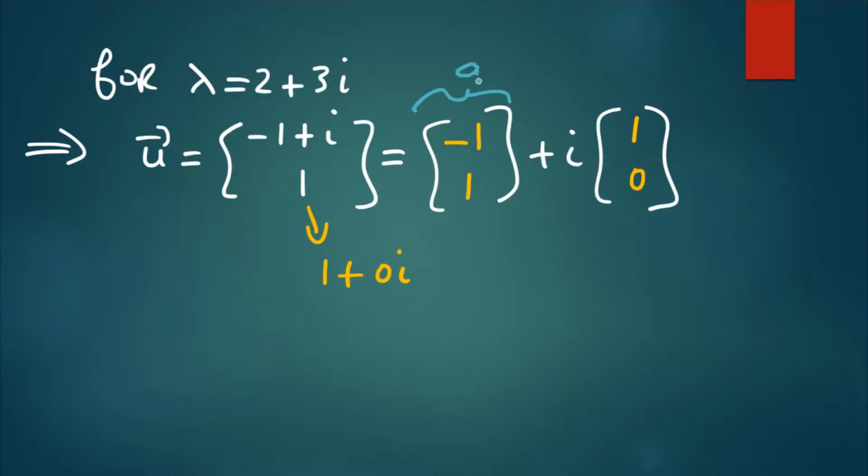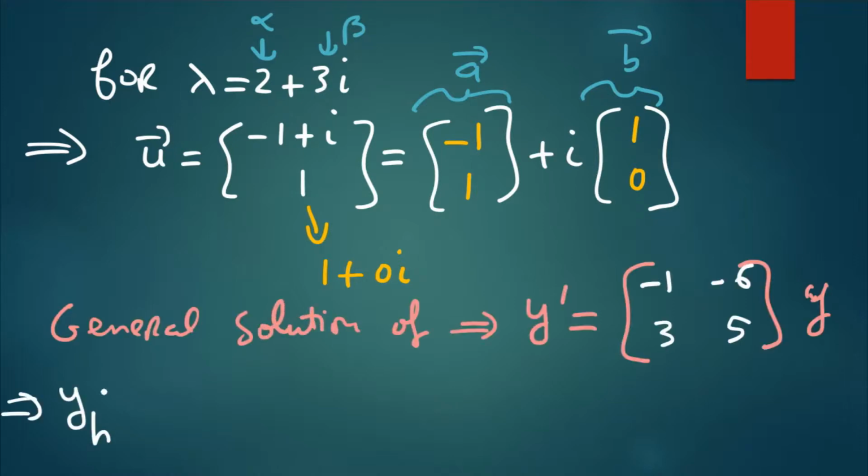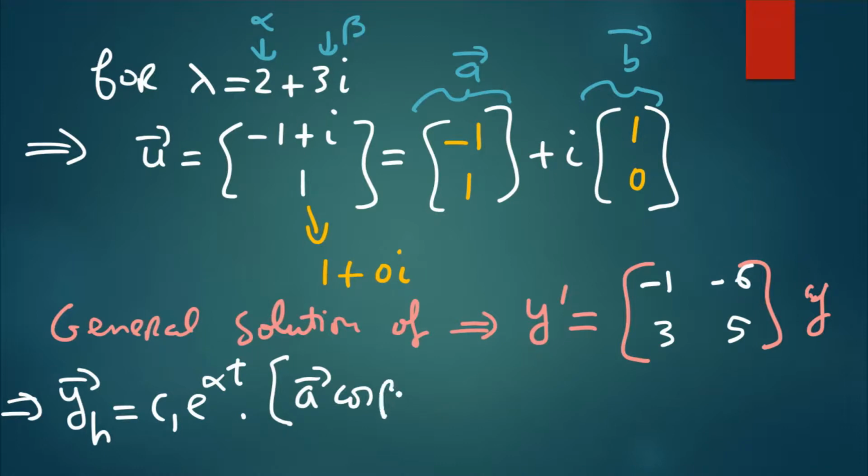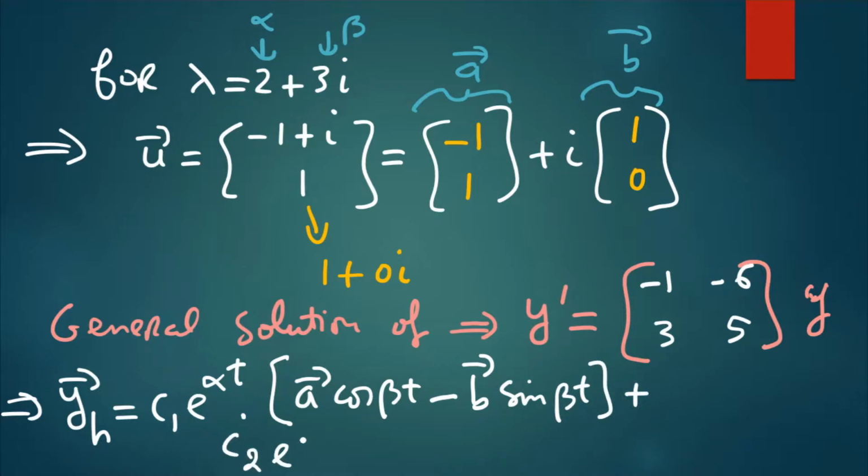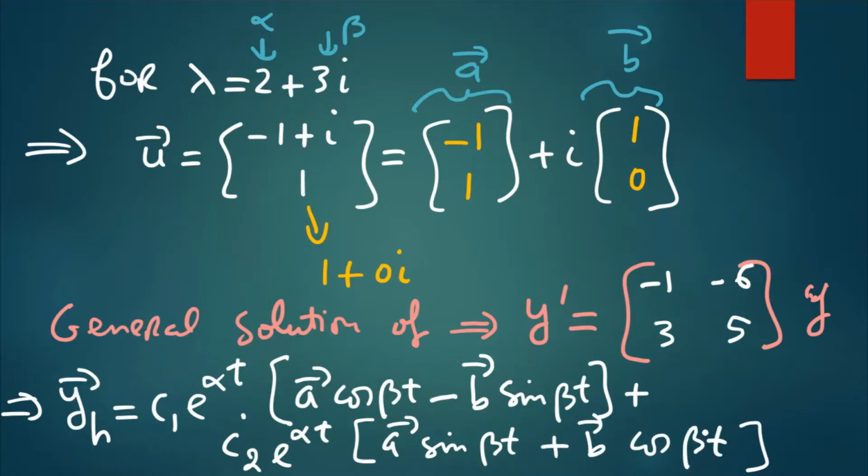Call this vector a and this vector b, and this alpha and this beta. So what is the general solution? It's y_h equals c1 e to the alpha t times a cosine beta t minus b sine beta t, plus c2 e to the alpha t times a sine beta t plus b cosine beta t.